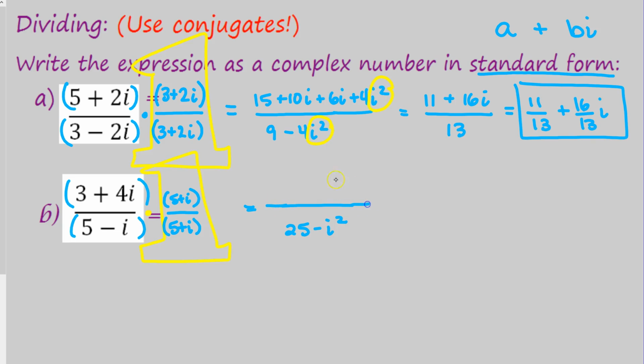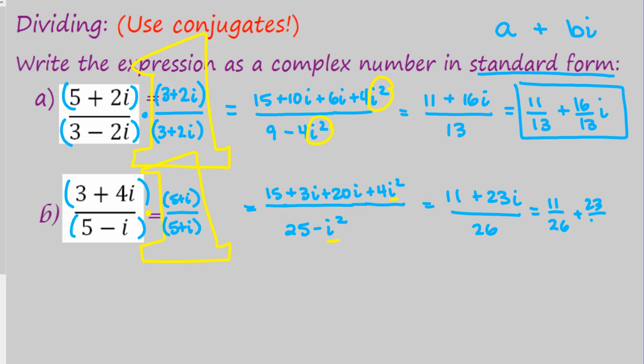And when multiplying the numerators, the first is going to be 15, the outside 3i, the inside 20i, and the last 4i squared. Change the i squareds to negative 1. And we have 11, oh, another 11, lucky number today. We have 11 plus 23i over 25 plus 1 is 26. So we'll just write this as 11/26 plus 23/26 i.